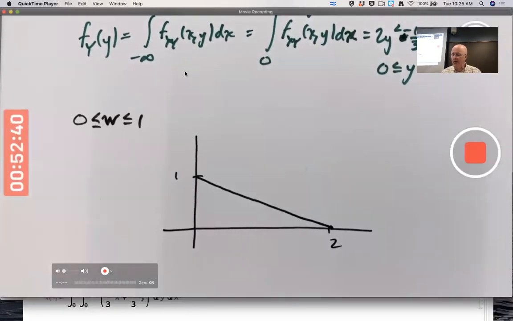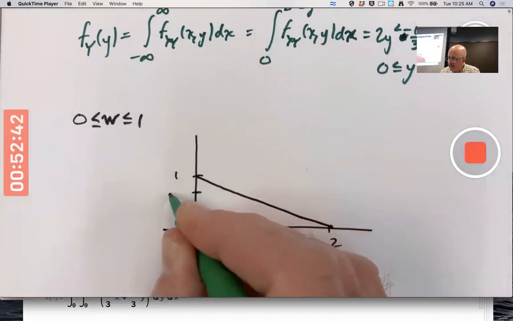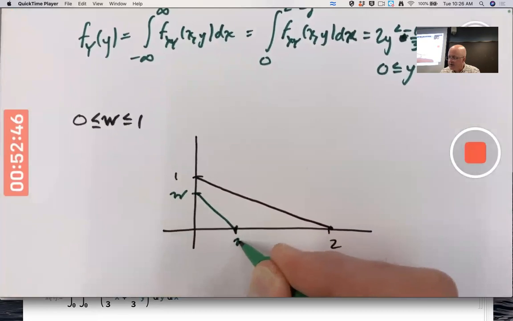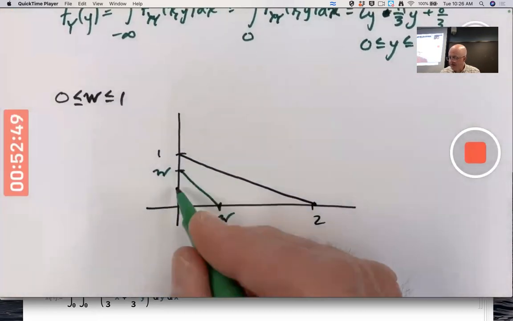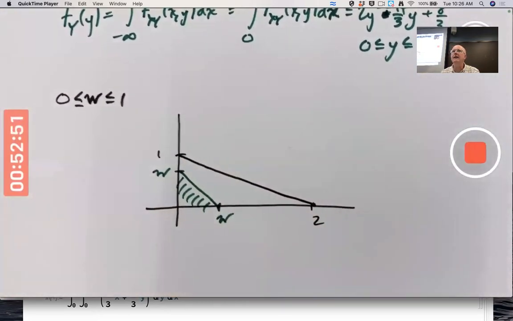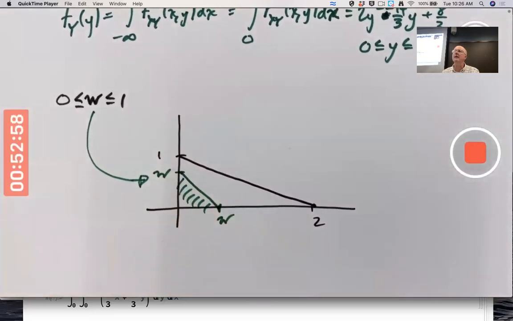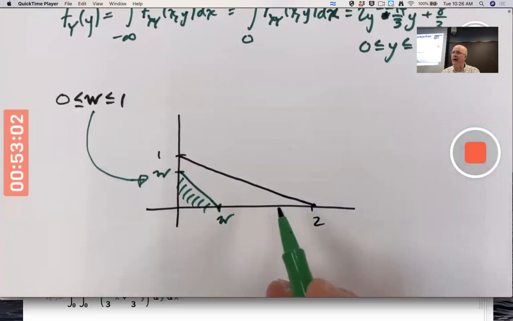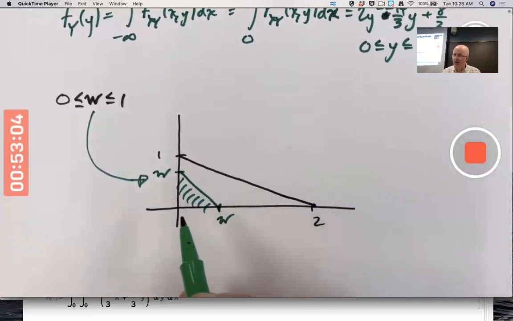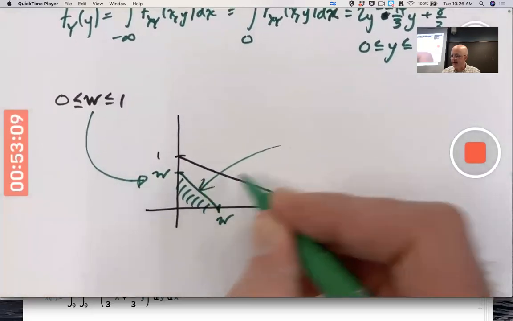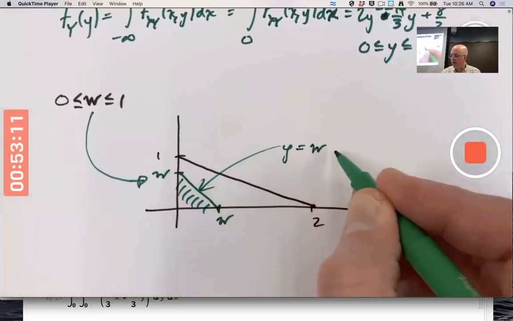The triangle to integrate over is one like this, just like earlier today, if W is between 0 and 1. So I'm not integrating over the entire domain where the joint PDF is positive. I'm integrating over a smaller domain, a different triangle. And that line right there still has the same equation as before, Y equals W minus X.